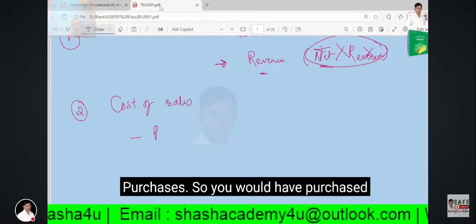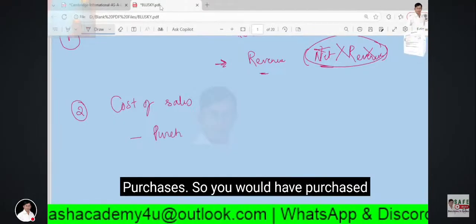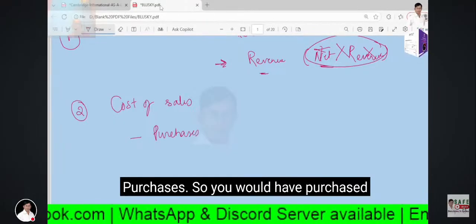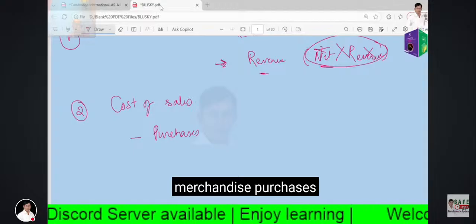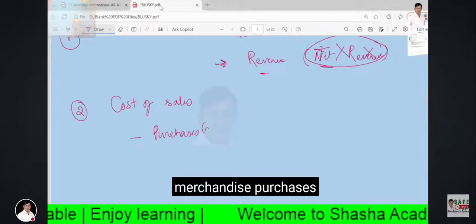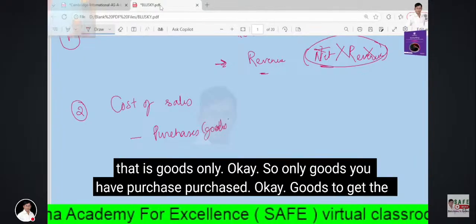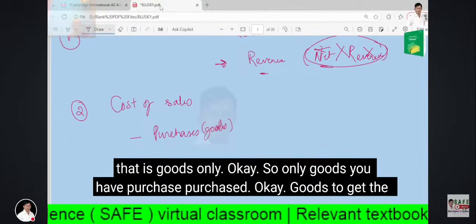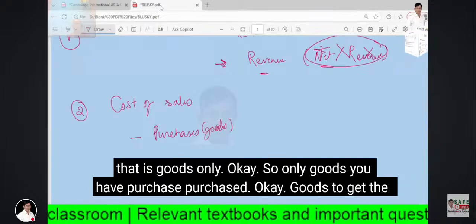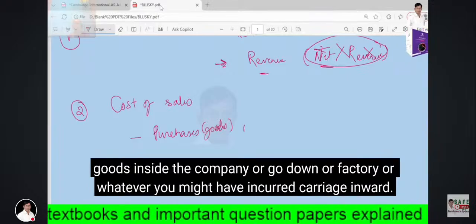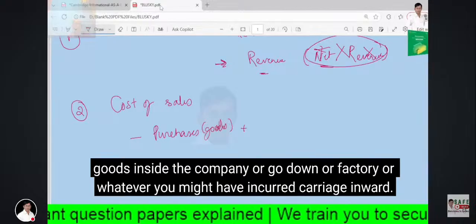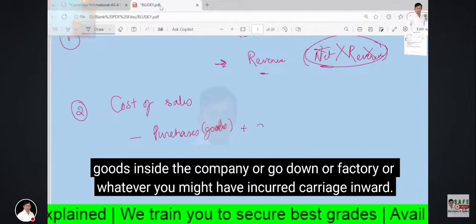Purchases. You have purchased merchandise, that is goods only. To get the goods inside the company or godown or factory, you have incurred carriage inward.